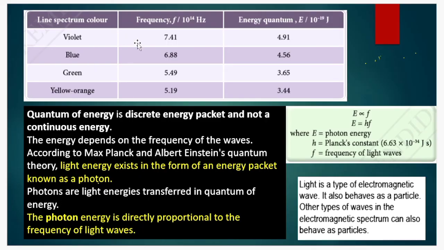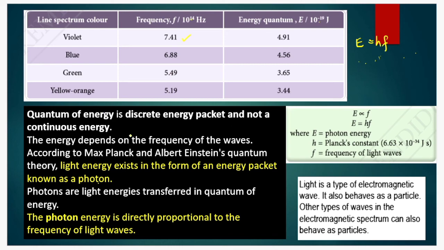Based on the line spectrum produced, the frequency of colors like violet, blue, green, yellow and orange, for example, can be determined, because each of the color lines has a distinctive and unique wavelength. And then the energy quantum also can be determined.